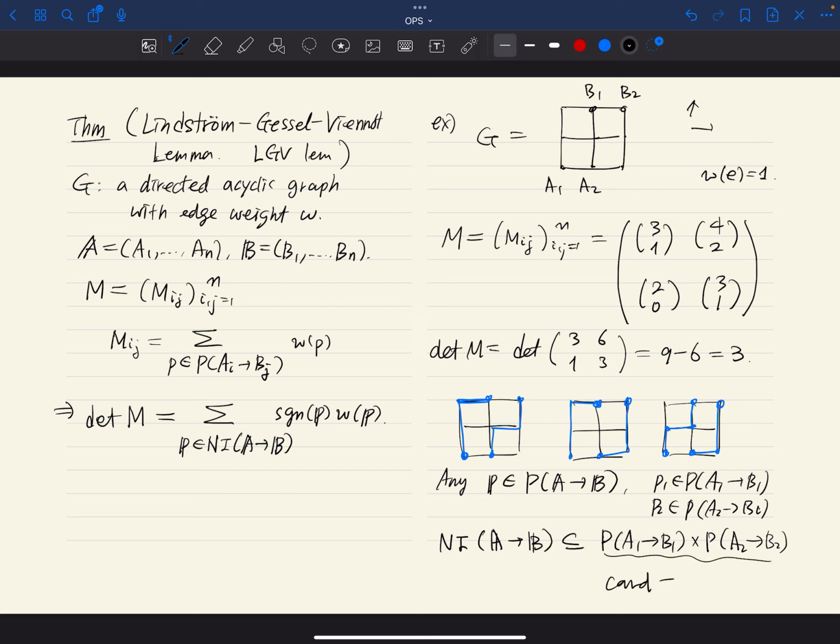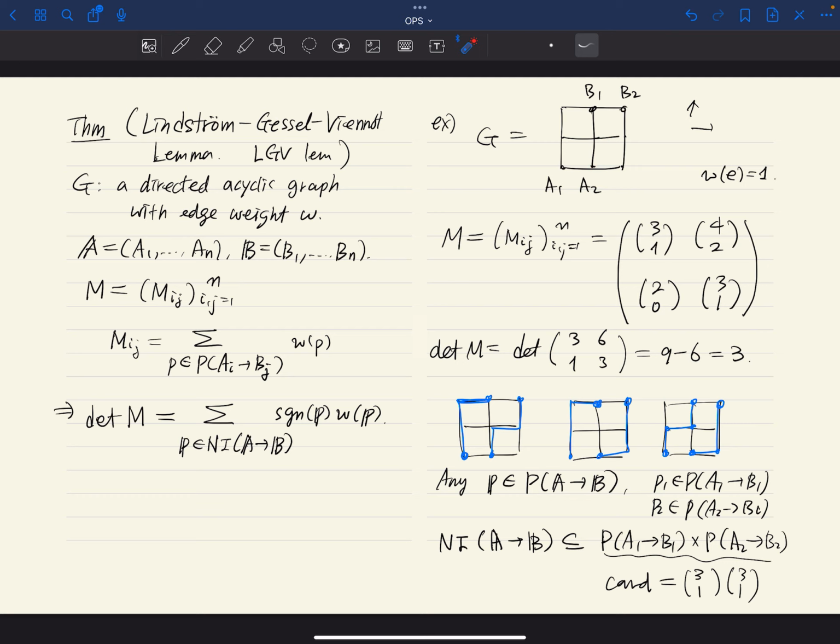Cardinality of this is 3 choose 1. This is also 3 choose 1. So we just counted all two paths. The first path goes from A1 to B1, the second path goes from A2 to B2. But of course, we counted too many. There will be some intersecting paths. So we can just subtract the number of intersecting paths and we will get the right answer, okay?